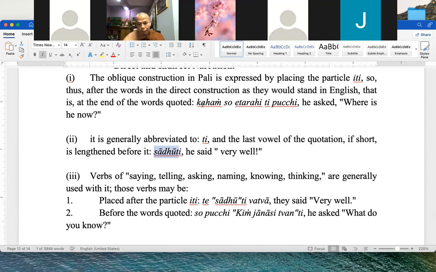And then here, Kahanso Idarahiti Pucchi. So he asked, where is he now? In this way, the quotation sentence before the verb can also be seen. You see, Pucchi is the verb, so here with the iti. Okay, that is one point.